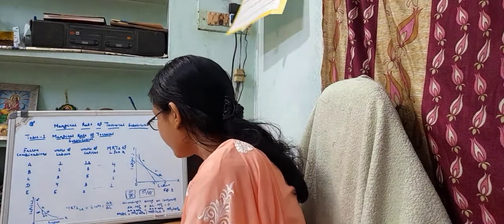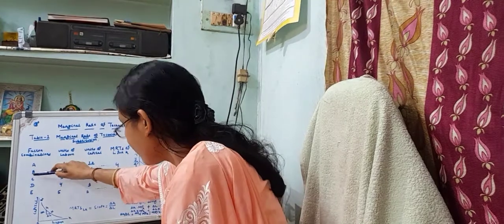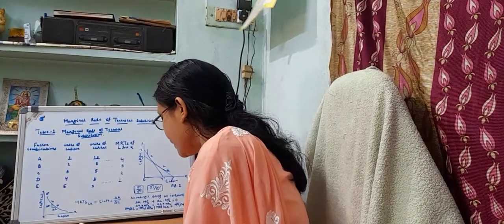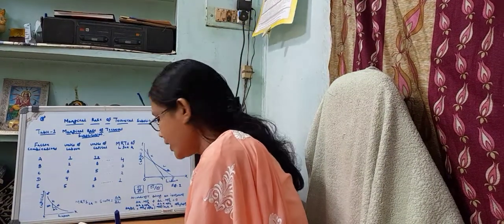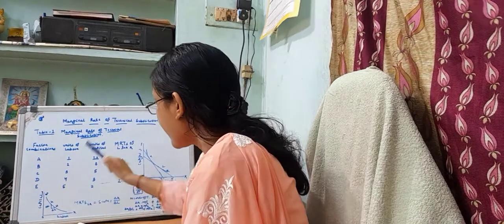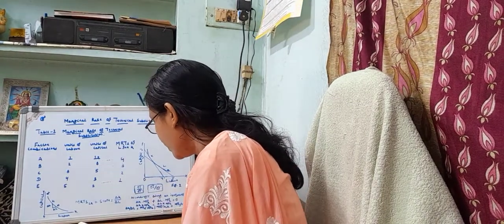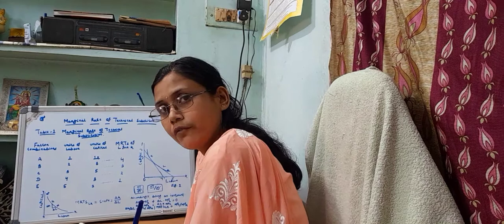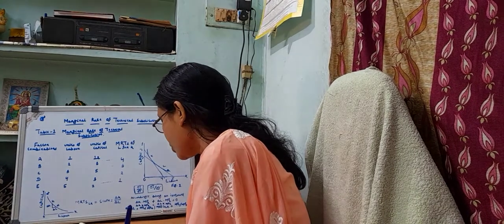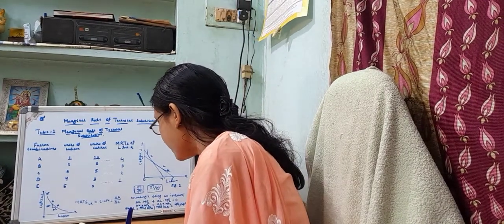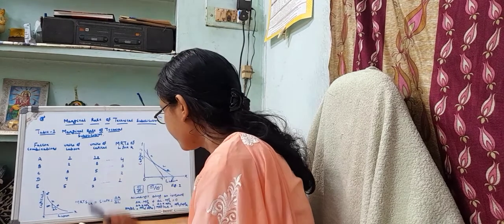Switching from input combination B to C involves the replacement of 3 units of capital by an additional 1 unit of labor, output remaining the same. Thus the marginal rate of technical substitution is now 3.